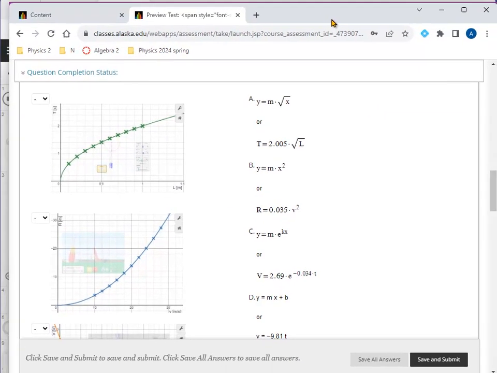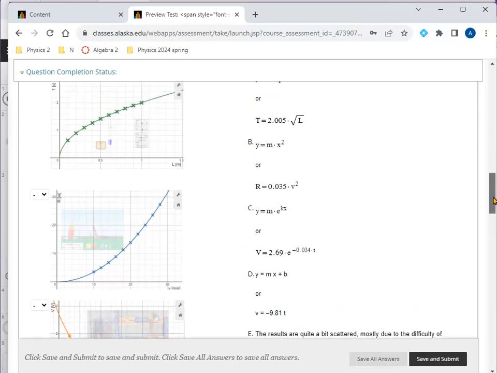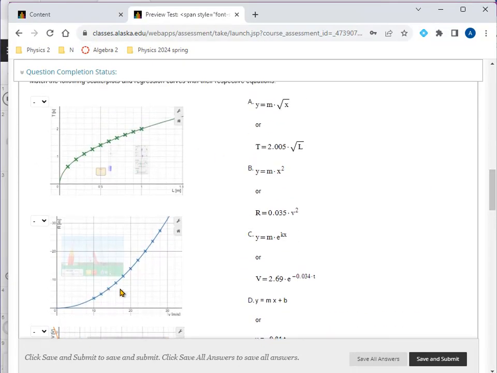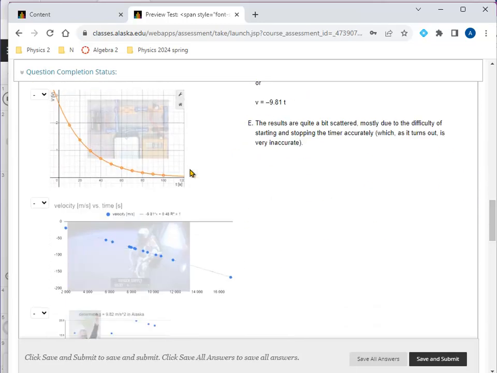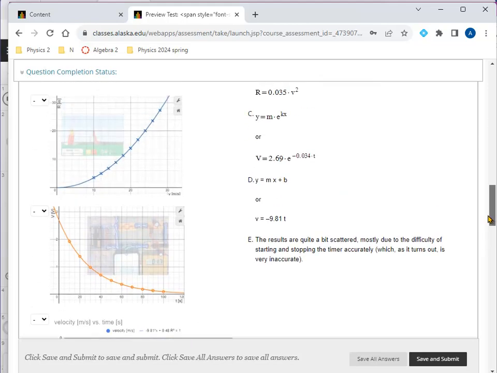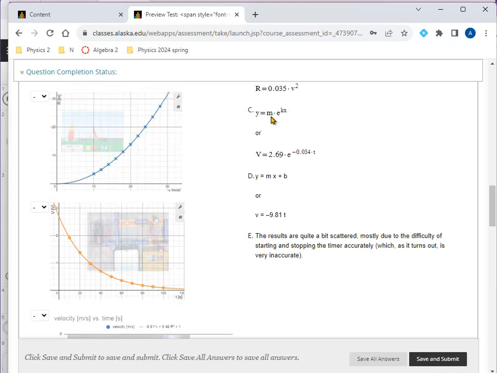So here are the particular curves that we had in the past unit, such as the square root relationship, the square relationship, the exponential relationship, and here's the straight line, and you will see that, yeah, you're going to get a certain curve here, and I would advise you to use this exponential here.